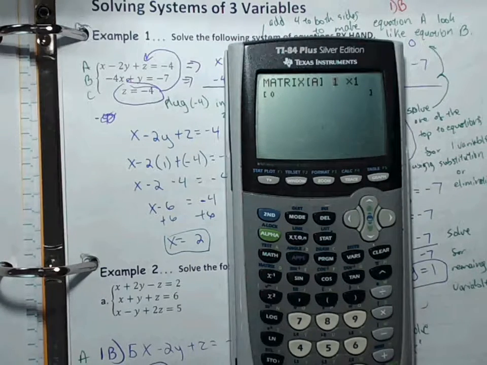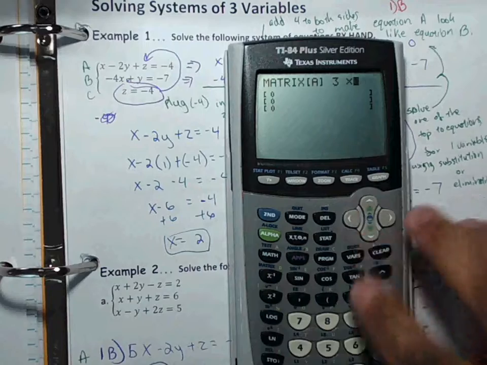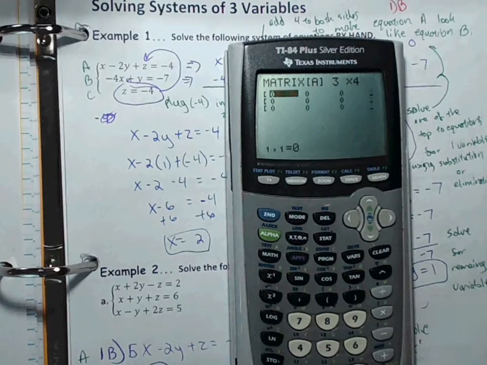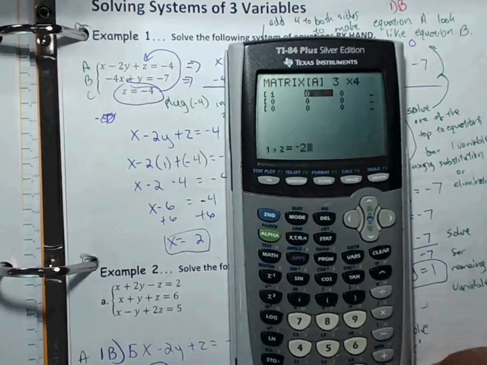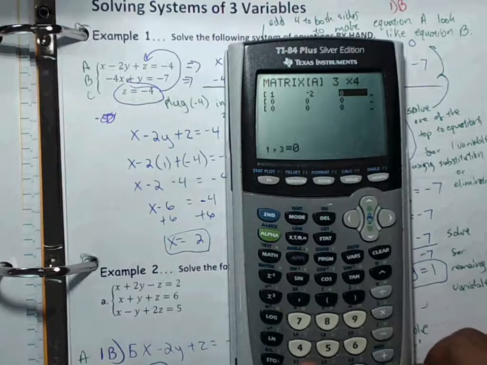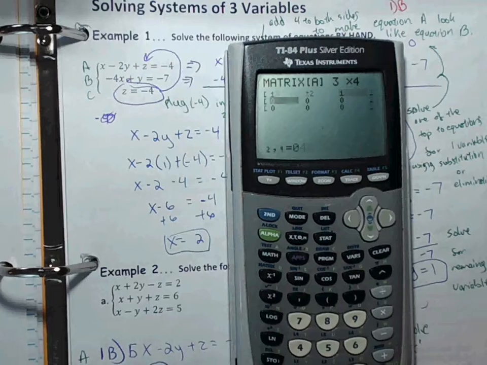A matrix is like a rectangle, a box. So you got to have the dimensions regardless of whether something's represented or not. So I'm going to do 3x4 again. And then again, we enter in our coefficients. So what's the first one? 1. What's the second one? -2. What's the third one? 1. And then what? -4.